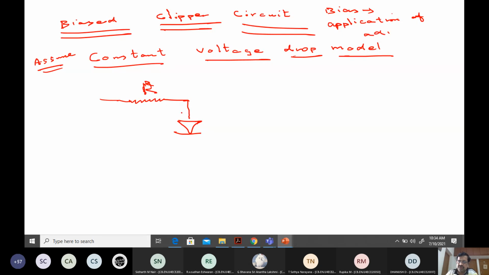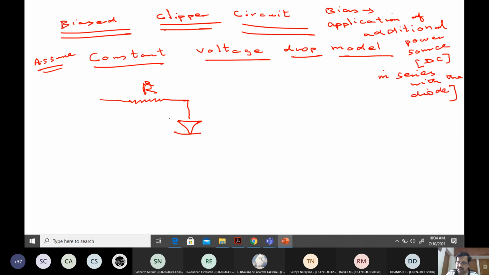This is a DC bias, and we are going to take a DC source in series with the diode.